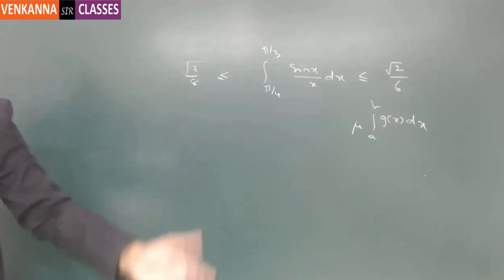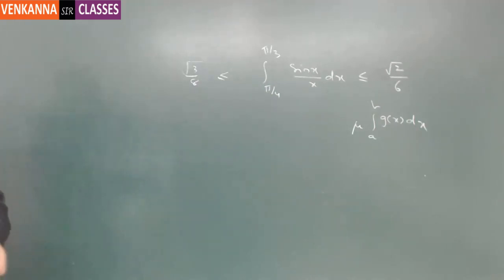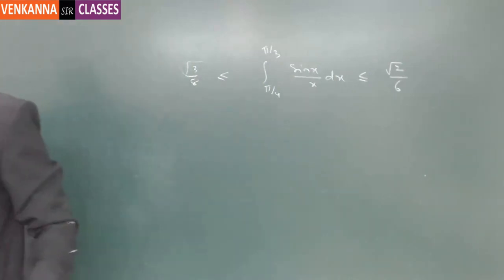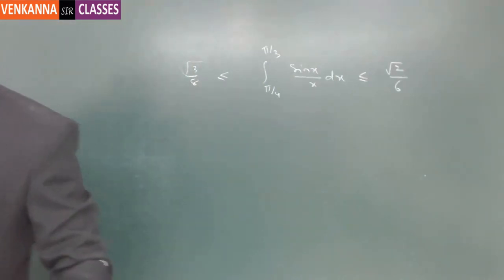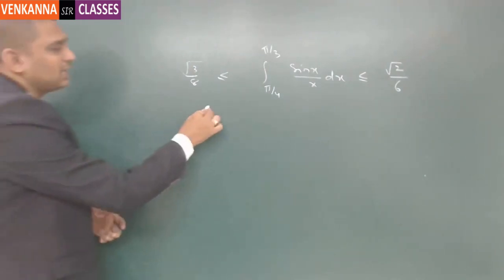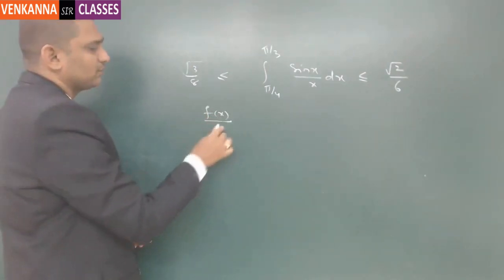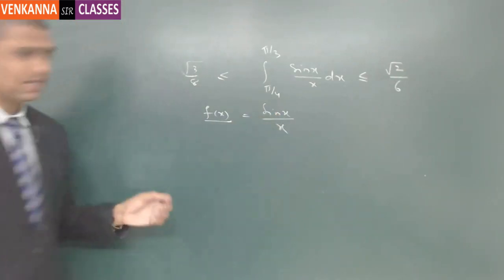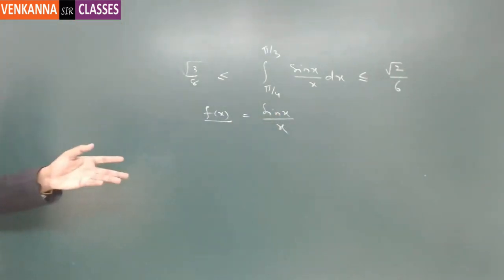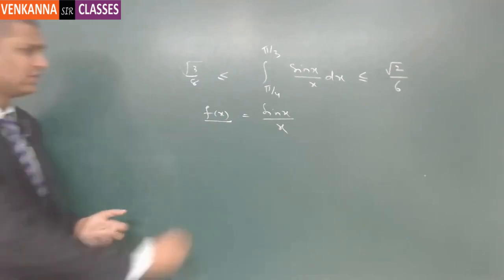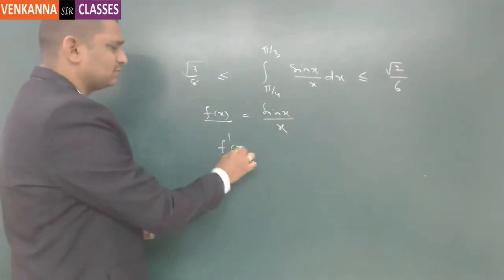Apart from this, I am giving the other technique which is useful to you, because for solving a single problem there are multiple methods. So here the function is f of x is equal to sin x by x. And how can we check whether the function is increasing or decreasing? I say that you can calculate f dash of x.